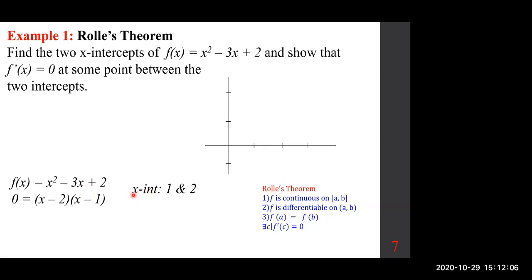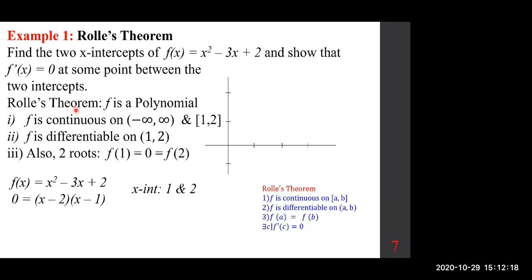The function is continuous, the function is differentiable, and the reason being because it's a polynomial function. So Rolle's theorem applies. F is a polynomial. F is continuous from negative to positive infinity because it's a polynomial. Therefore, it's continuous on the closed interval from 1 to 2. F is differentiable on (1, 2), remember that, it's a polynomial.